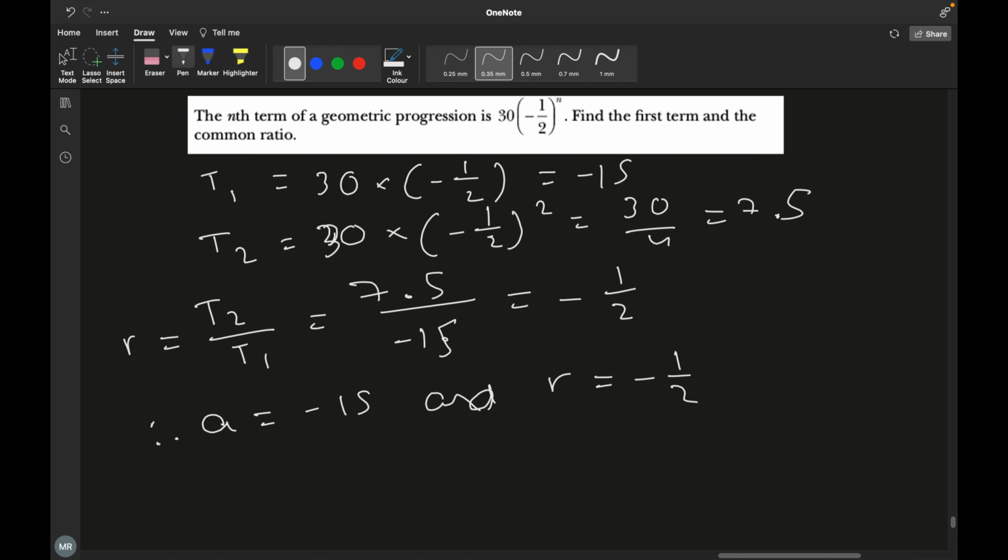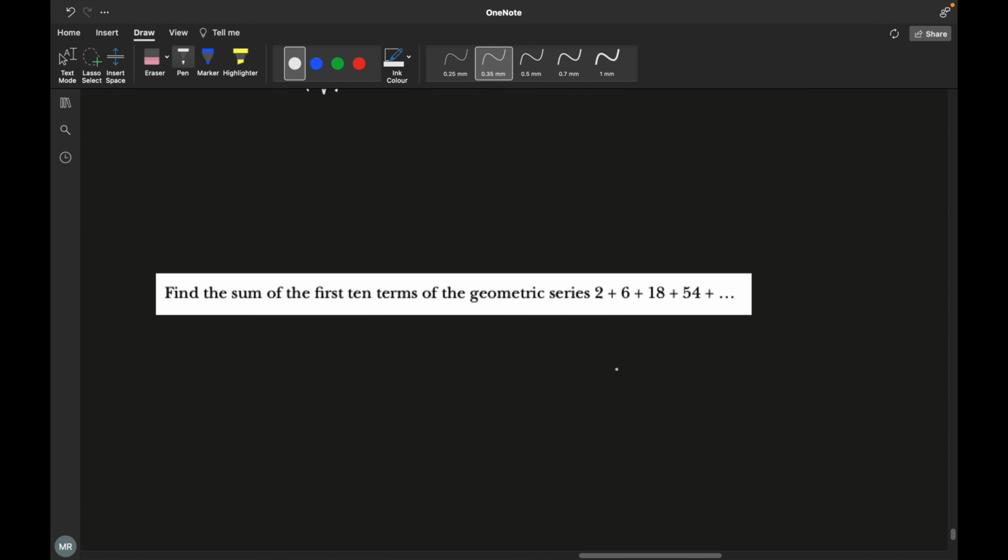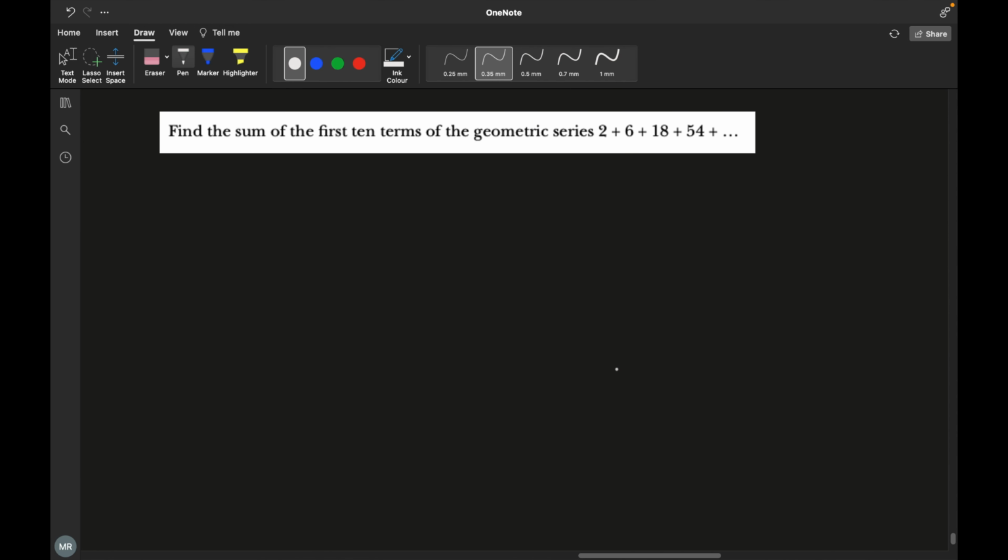And now let's solve this question. We have to find the sum of the first 10 terms of the geometric series 2 plus 6 plus 18 plus 54. We know that it's a geometric series, therefore a is 2 and r is 6 divided by 2, which is 3.